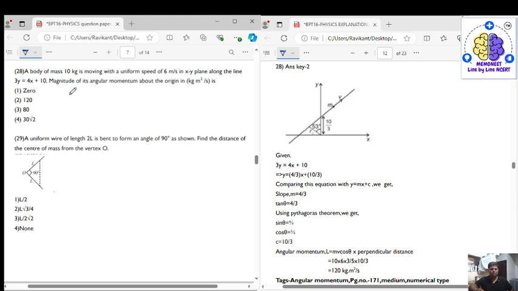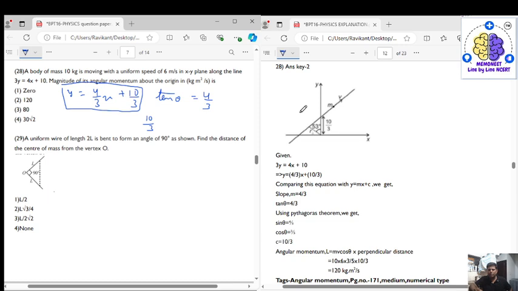If we see, y equals 4 by 3 x plus 10 by 3. From this equation we get tan theta, that is the slope, equals 4 by 3, and the y-intercept equals 10 by 3.